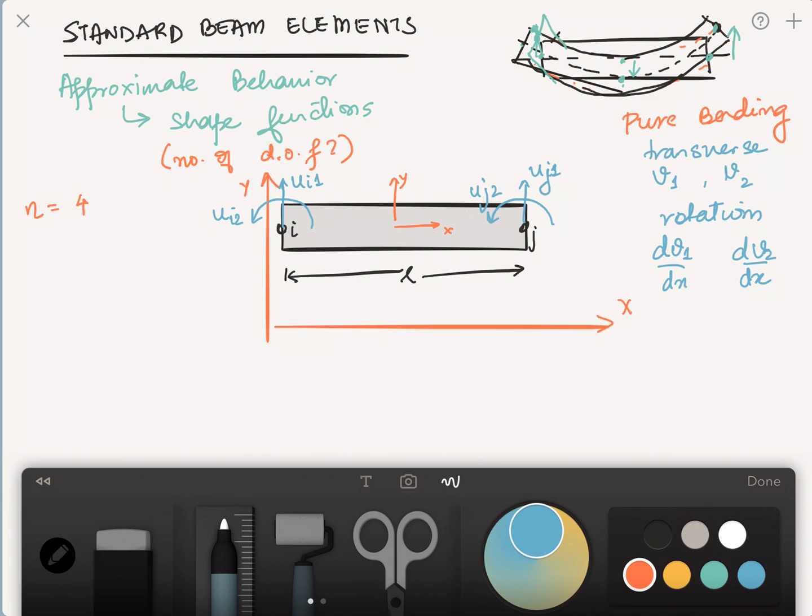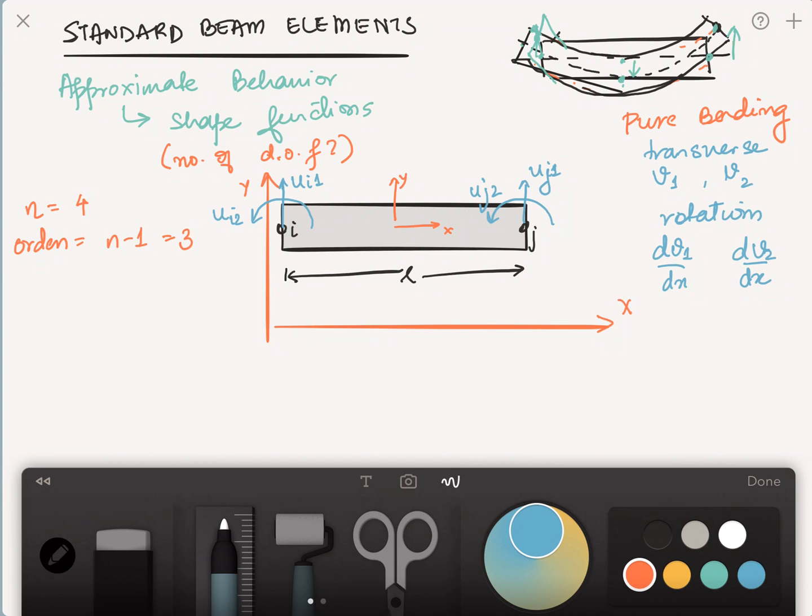Therefore, the minimum approximation that we can pick for the element in terms of a polynomial function is going to be of the order n minus 1, which is equal to 3 in this case.